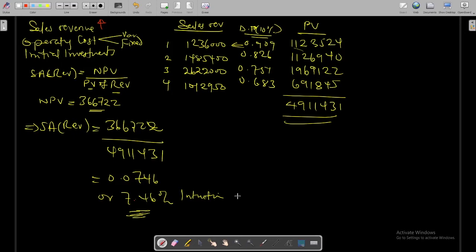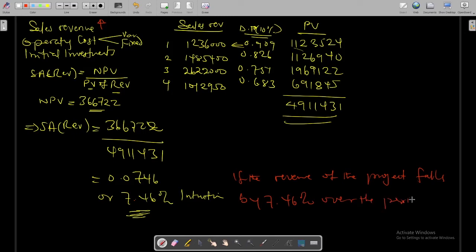So the intuition simply means if the revenue of the project falls by 7.46% over the period, the project will not be worthwhile.